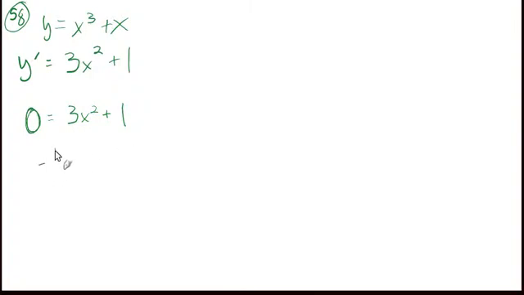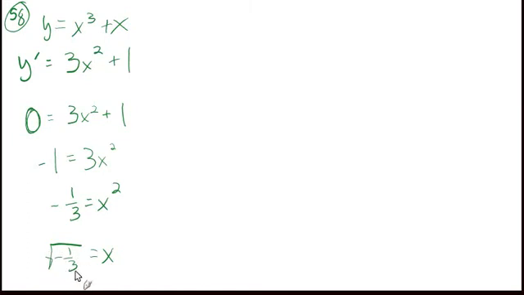So subtract 1, that equals 3x squared. Divide by 3, so negative 1/3 equals x squared. Take the square root of both sides. The square root of negative 1/3 equals x. And now we should see that condition in parentheses there that says if any is there for a reason, because we cannot take the square root of a negative number, right?